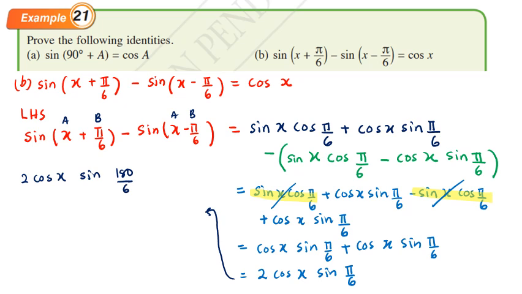Divide by 6. So you akan dapat 2 cos x sin 180 over 6 is 1 over 2. So 1 over 2 you can cancel with 2 in front. So you will get cos x. Sama tak dengan right hand side? Sama kan? So hashtag proven.